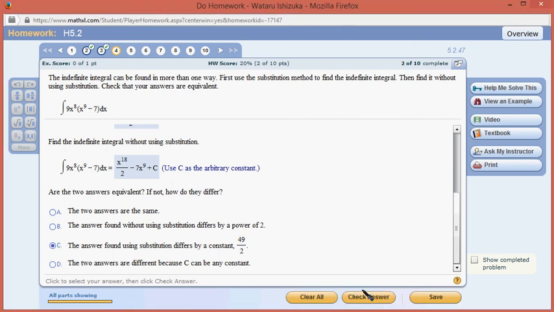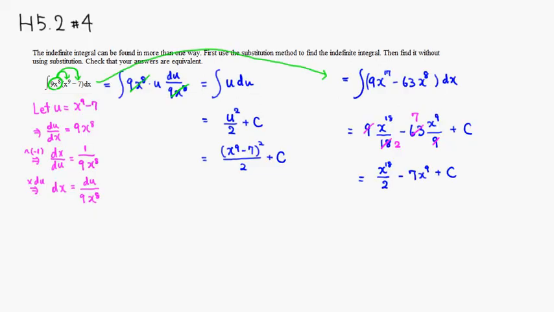Right? So because if you multiply out, maybe I should do that here. If you multiply out, you're going to get x to the 9th squared, so x to the 18th power, minus 2 times x to the 9 times 7, so it's going to be 14 x to the 9th, plus 7 squared would be 49, over 2 plus c.